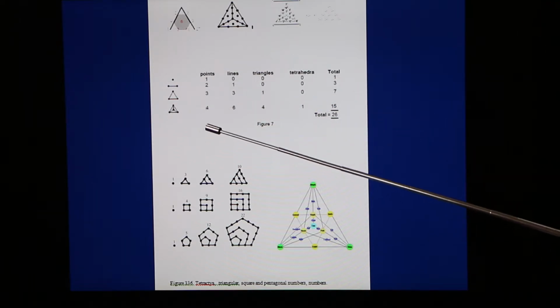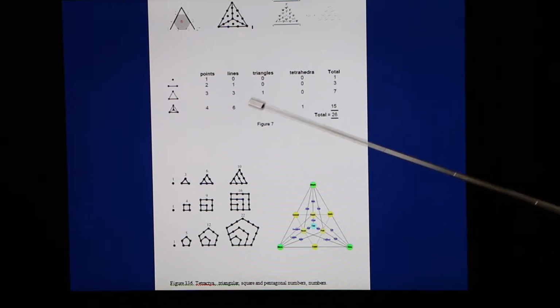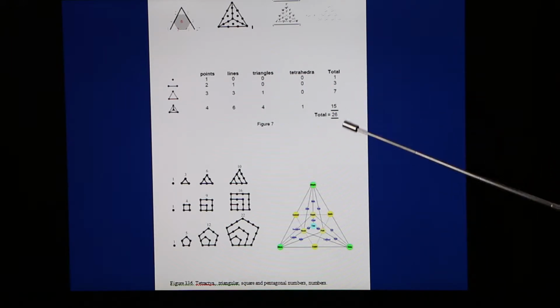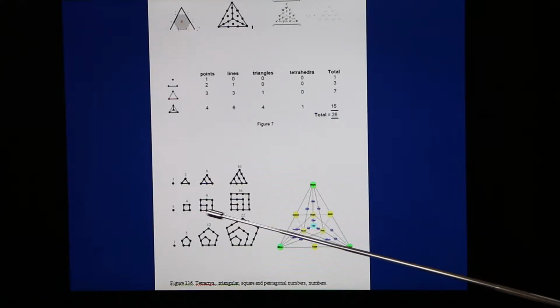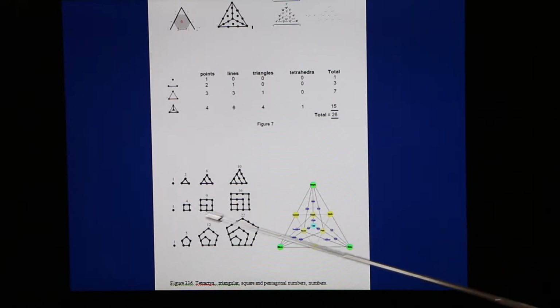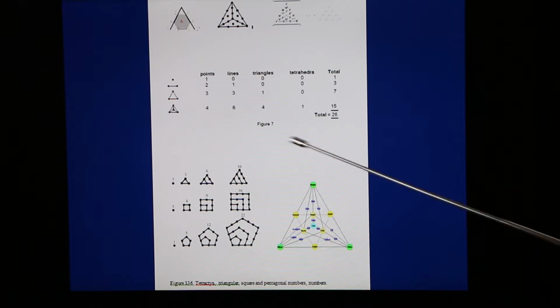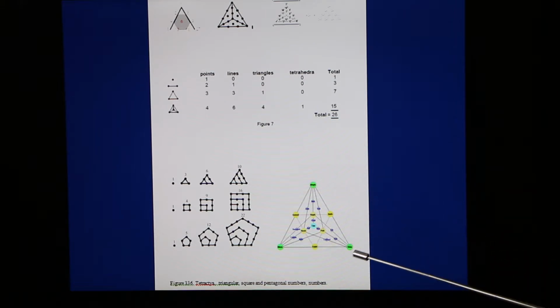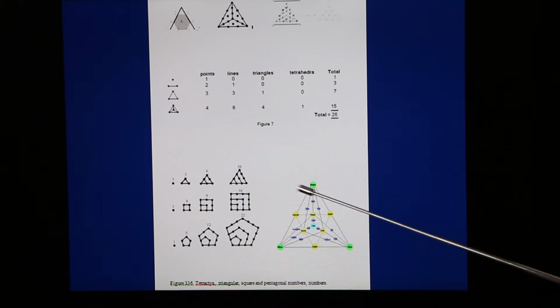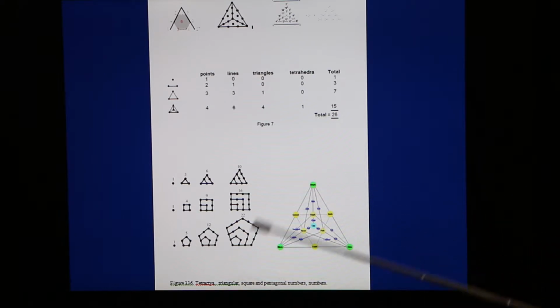Now I can take those points, add the lines, add the triangles, add the tetrahedra, add them together, and I get 26. And 26 is one of the numbers for life. And here you see this figure geometry again. So 1, 3, 6, 10, 1, 4, 9, 16, 1, 5, 12, 22.